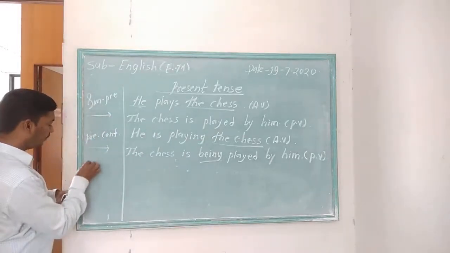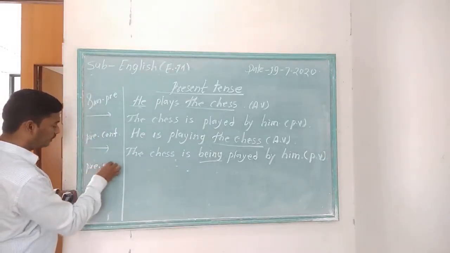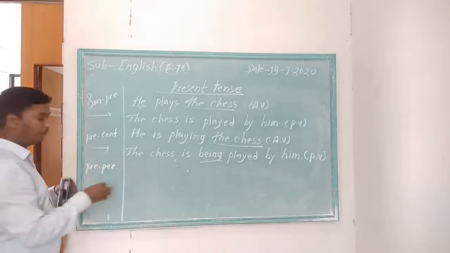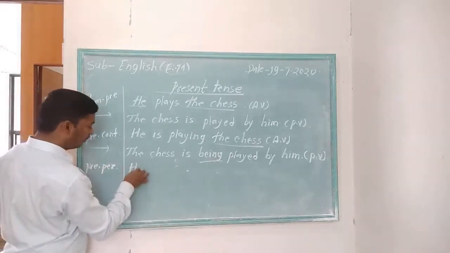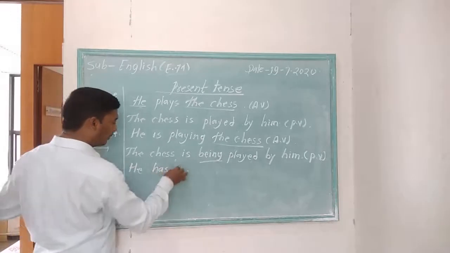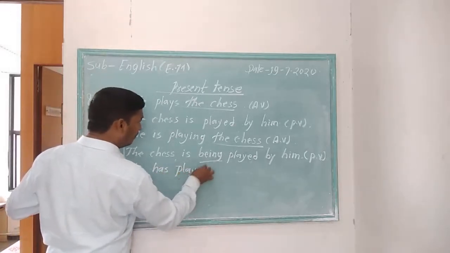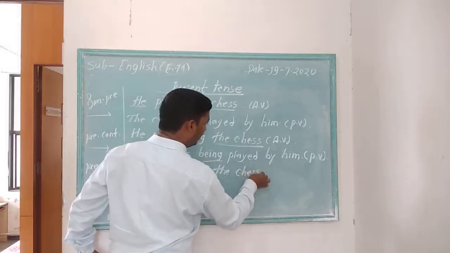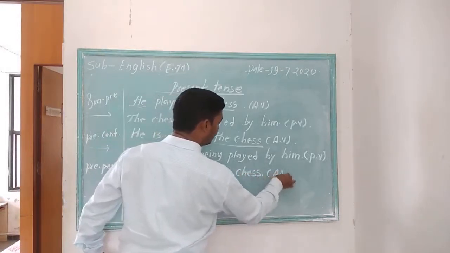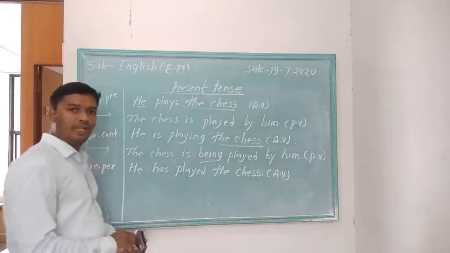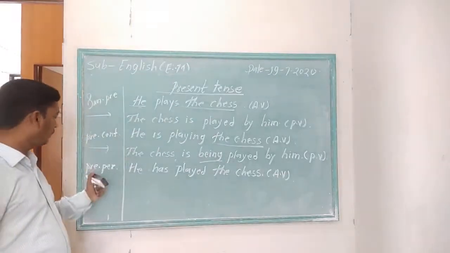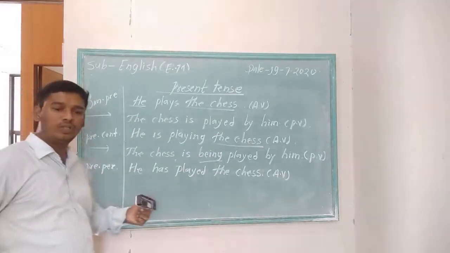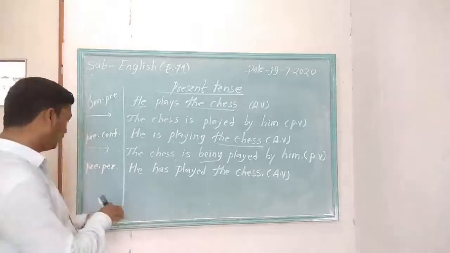Now present perfect tense. The same sentence into present perfect tense: he has played the chess. It's in active voice. Now how to convert it into passive voice?